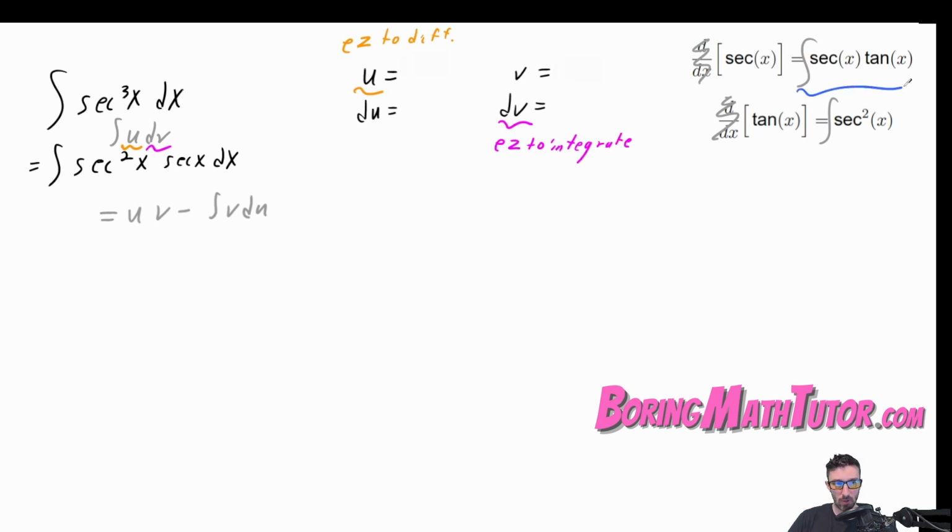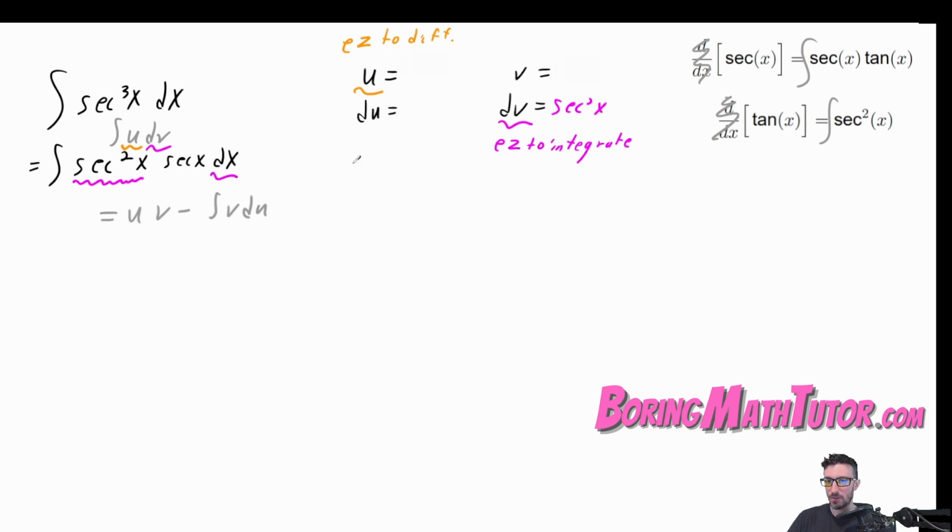And when we look at what results here, we don't have secant tan showing up in our integral, but what we do have is secant squared. So that means I'm going to let secant squared x be our dv.